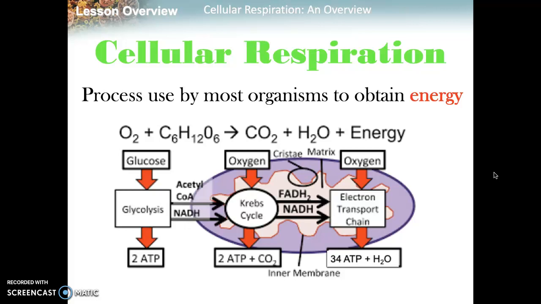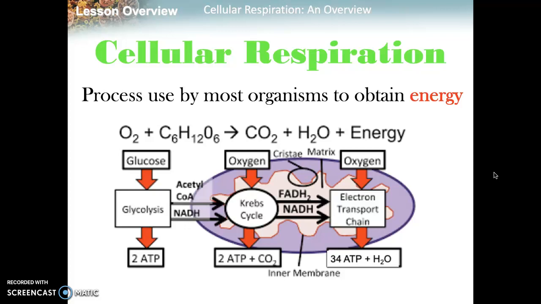In this case, organisms take the oxygen and the sugar and break that sugar down, producing carbon dioxide and water, which will be used by the plants, and producing energy molecules. And those energy molecules, as I said earlier, are known as adenosine triphosphate, ATP.